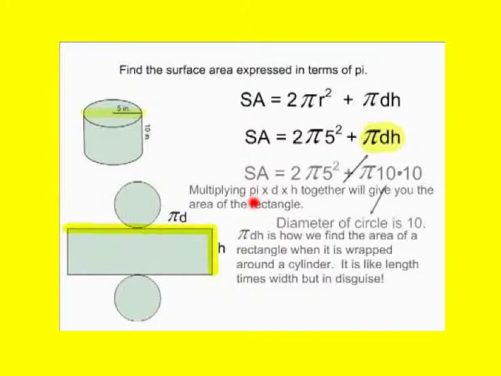So multiplying pi times the diameter times the height gives you the area of the rectangle part. Then to find the area of the circle, you would use pi times 5 squared, or pi times 25. Okay, then you're going to multiply that by 2 because there is a top and a bottom.